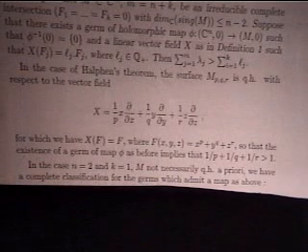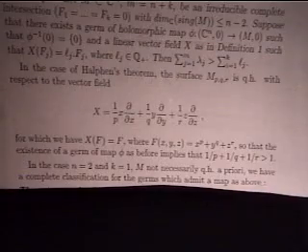Well, in the case n equals 2, k equals 1, M is not necessarily quasi-homogeneous a priori. We have a complete classification for the germs which admit parametrization of this kind. So this is theorem 2.